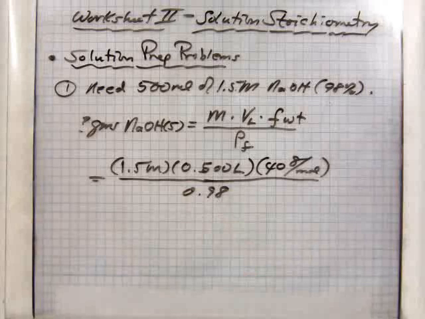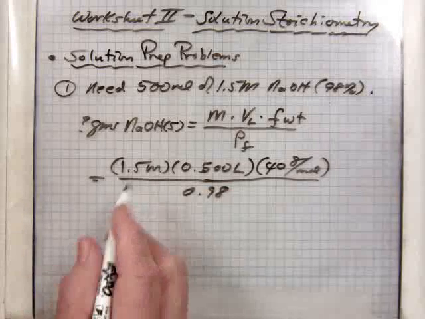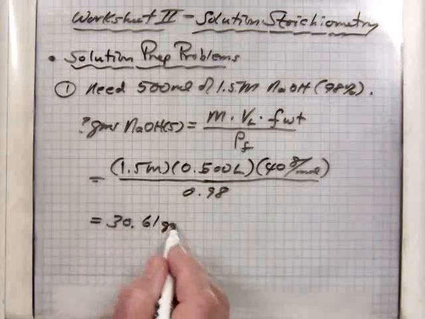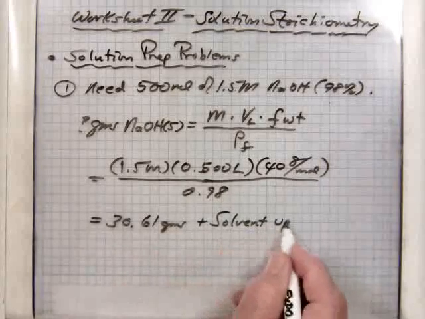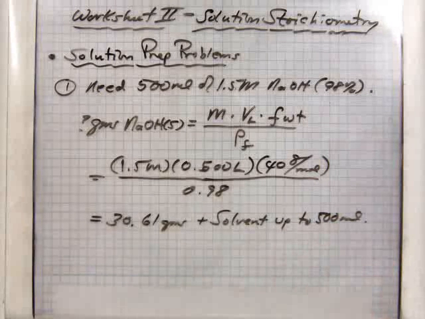And so everything will come out in grams. So for a solution like this, 30.61 grams plus solvent up to 500 milliliters.